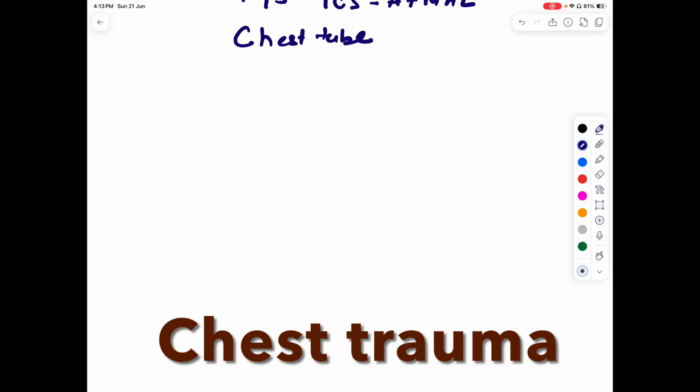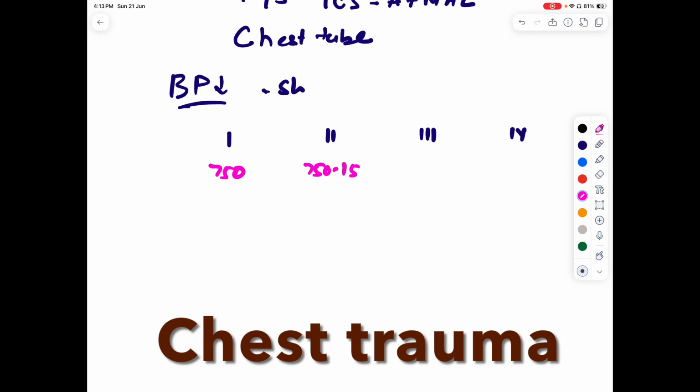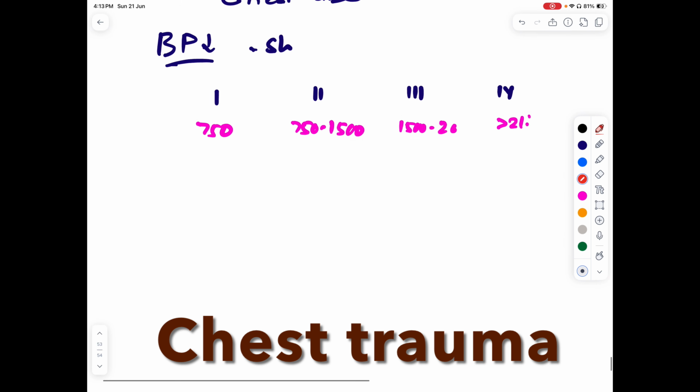If the patient is in shock, with low BP, you have to define the classes of shock, class 1, 2, 3 and 4. This is about 750 ml loss, this is 750 to 1500 ml, this is 1500 ml to 2 liters, this is more than 2 liters. What is the percentage?